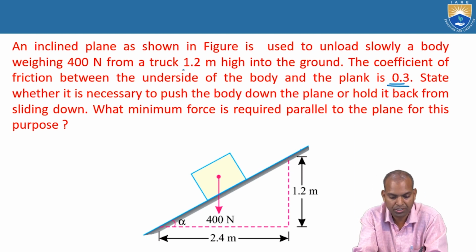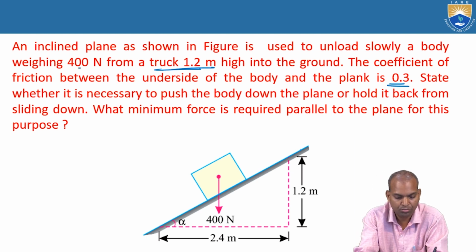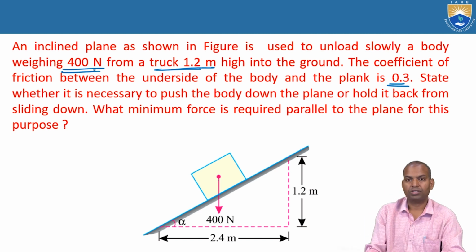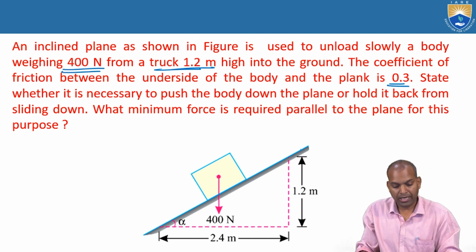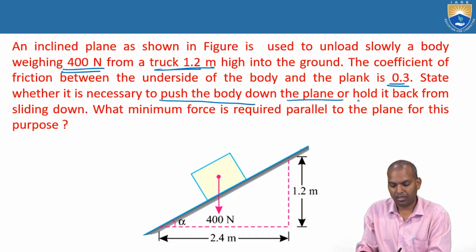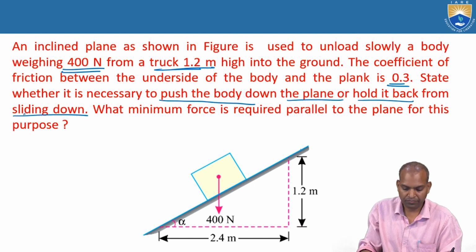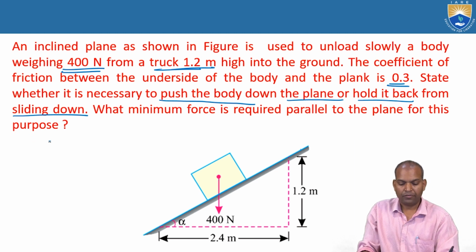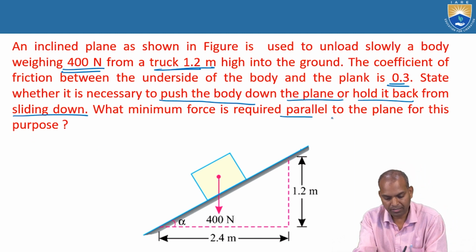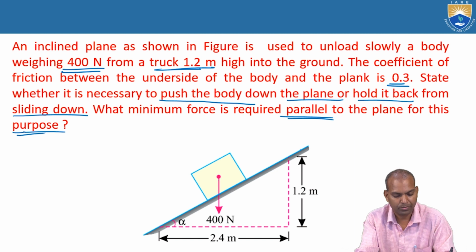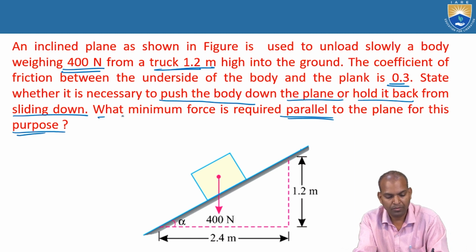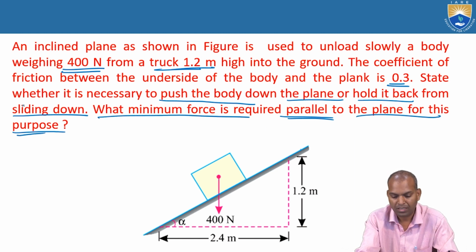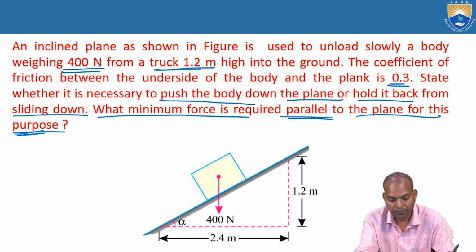State whether it is necessary to push the body down the plane or hold it back from sliding down. What minimum force is required parallel to the plane for this purpose?